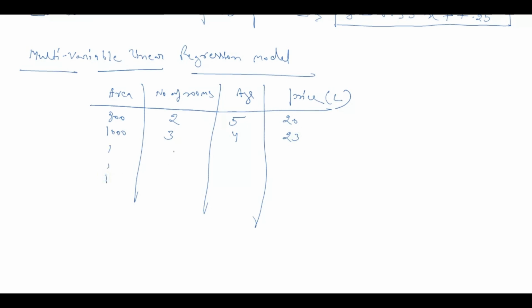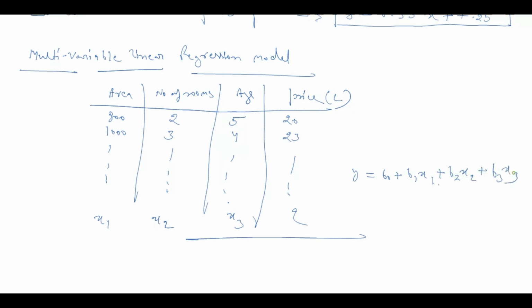Let us take some random values and try to predict the price of a house having x1 area, x2 number of rooms, and x3 age using linear regression. Right? The equation will be like y is equal to b0 plus b1 x1 plus b2 x2 plus b3 x3.